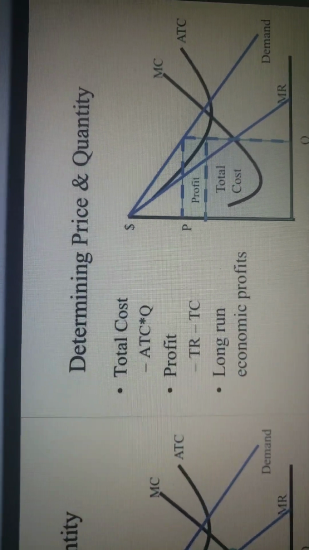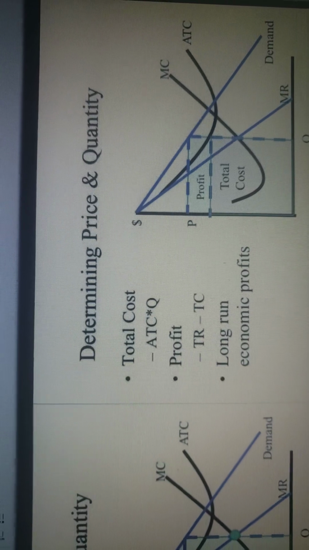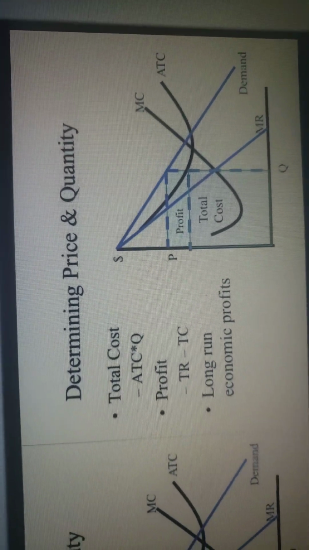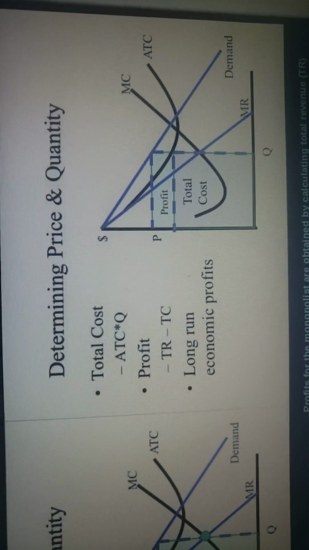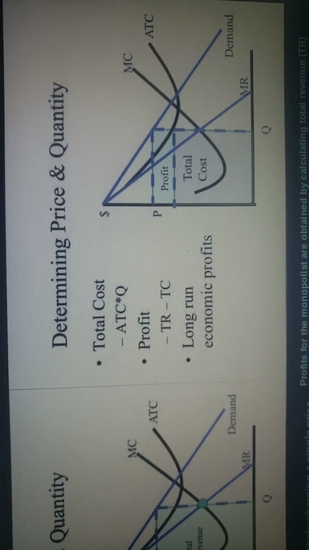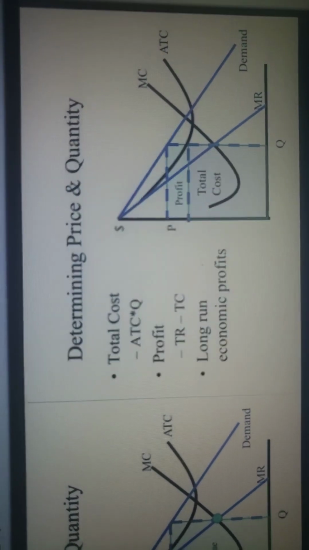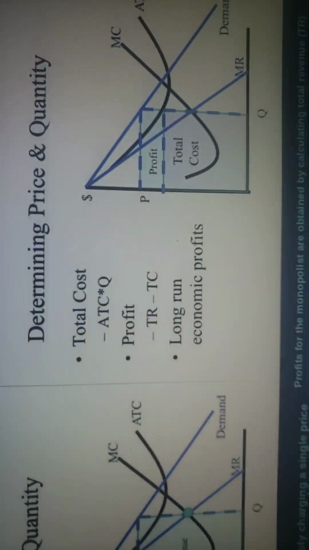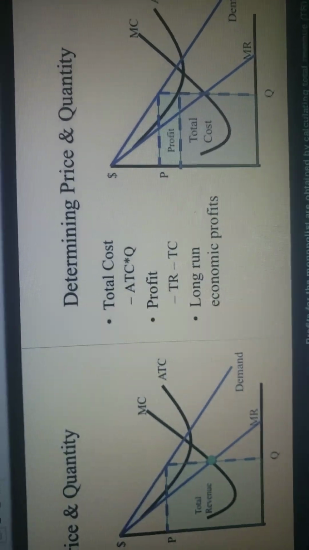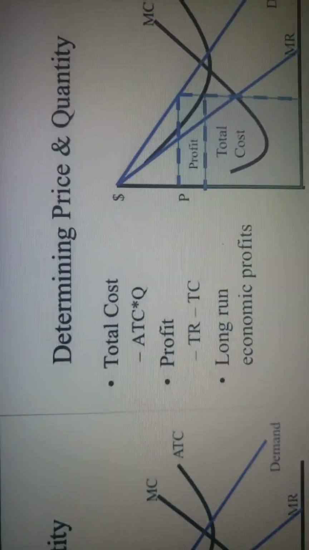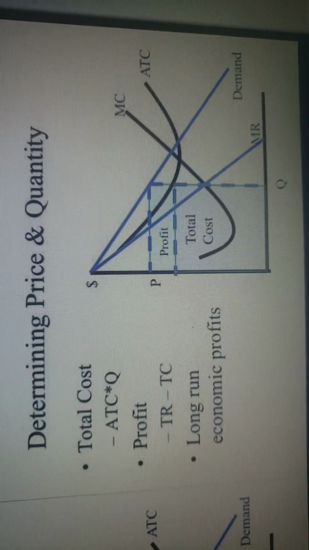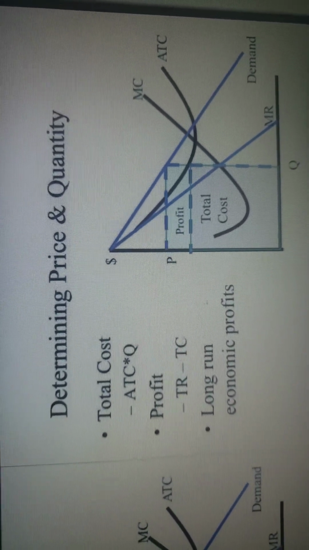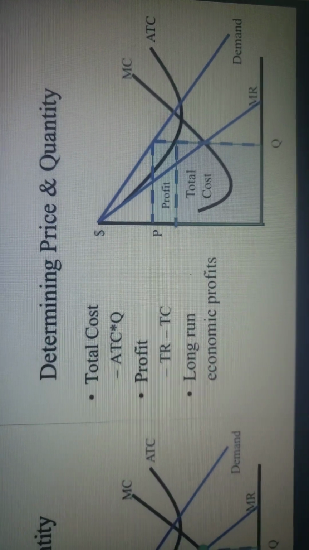Profits for the monopolist are obtained by calculating the total revenue, which we have here as TR, minus the total cost, TC. Total revenue equals optimal price times optimal quantity, the combined area of the blue and gray boxes in this figure here. Taking the average total cost times the profit maximizing quantity gives the total cost.